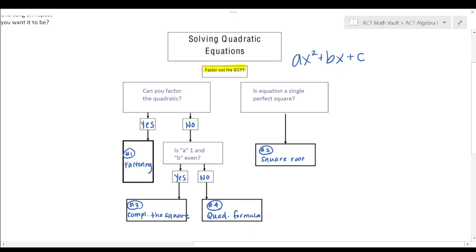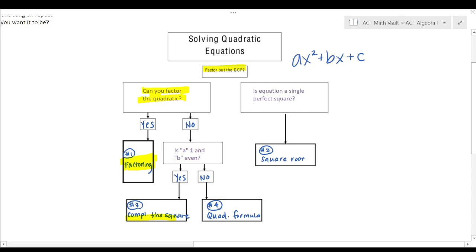And then you would ask, can you factor the quadratic in general? So not factor out a GCF, but can you actually factor it into two binomials, or, if it's a special case, something else? If so, factoring is the way to go. If not, then I like to use completing the square if the A term is 1 and the B term is even. So a 1 here and an even number here.